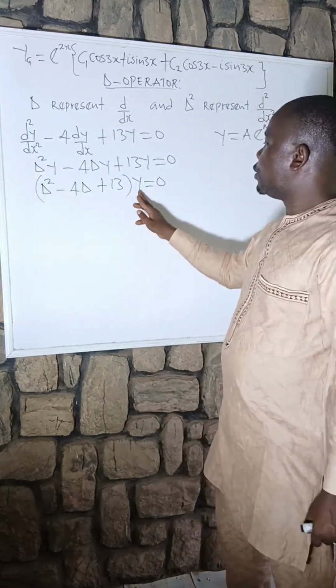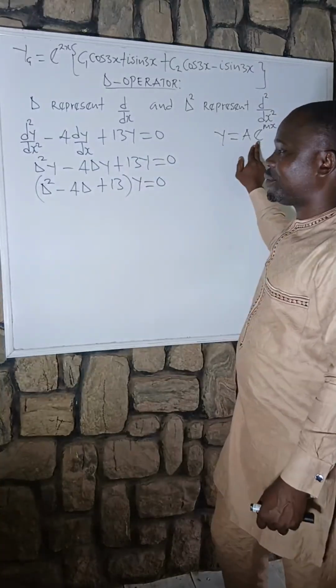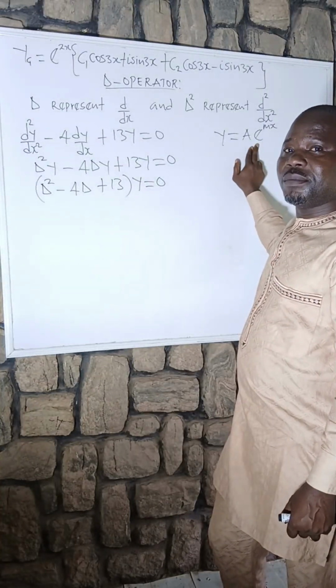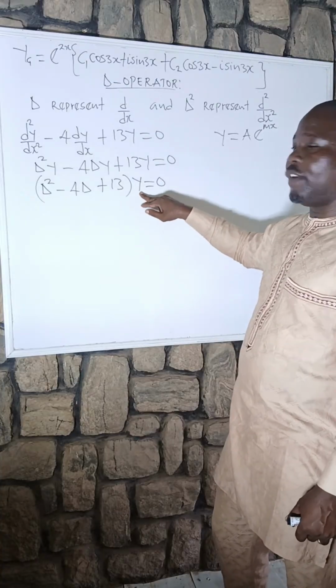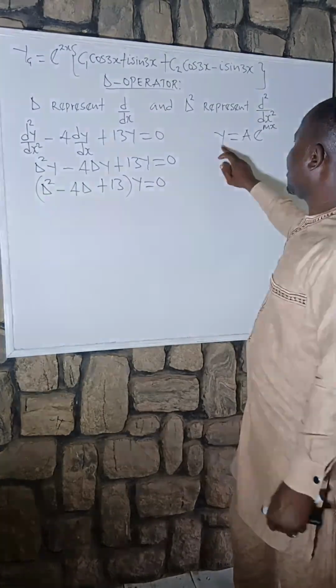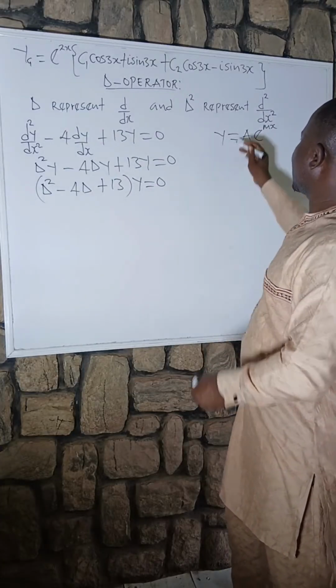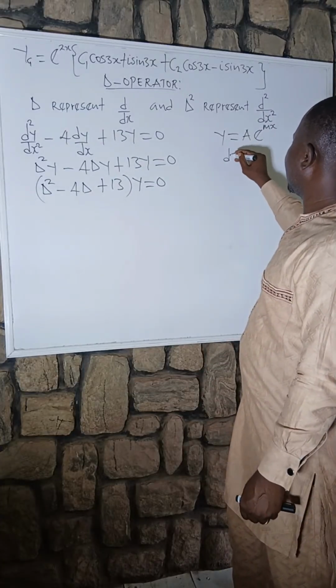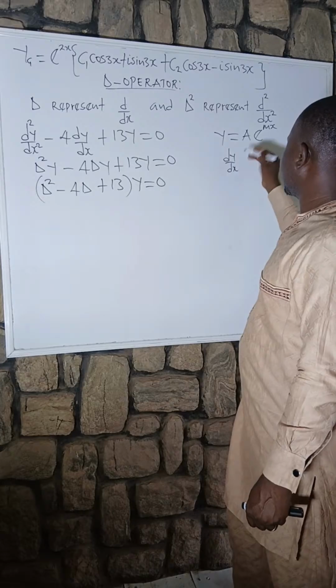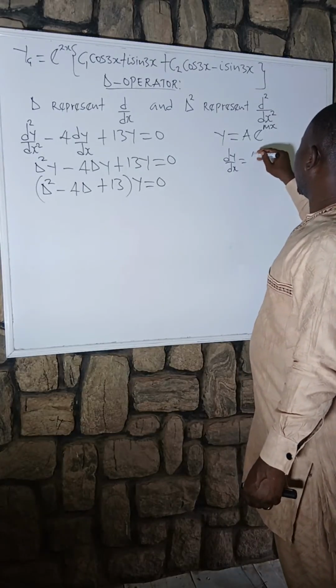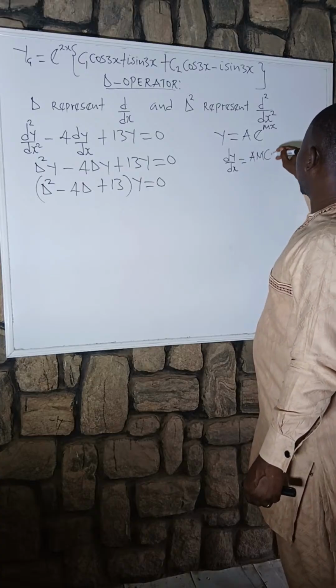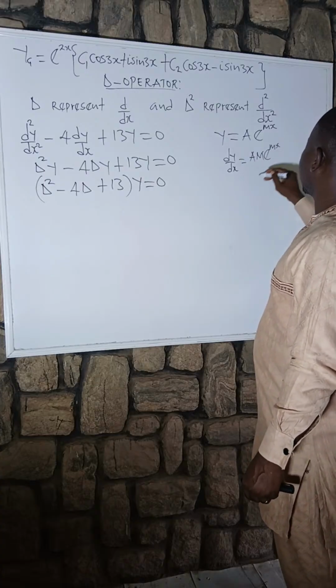So now, you come back to this. Do you agree with me? As it is, y is being factored out. So we have to come back here to differentiate this. It means our dy all over dx gives us am exponential mx.